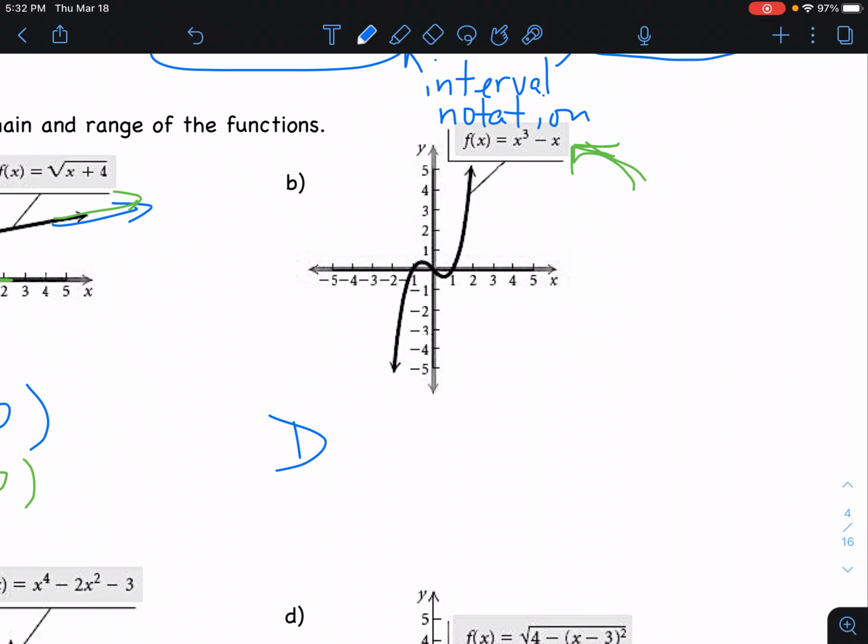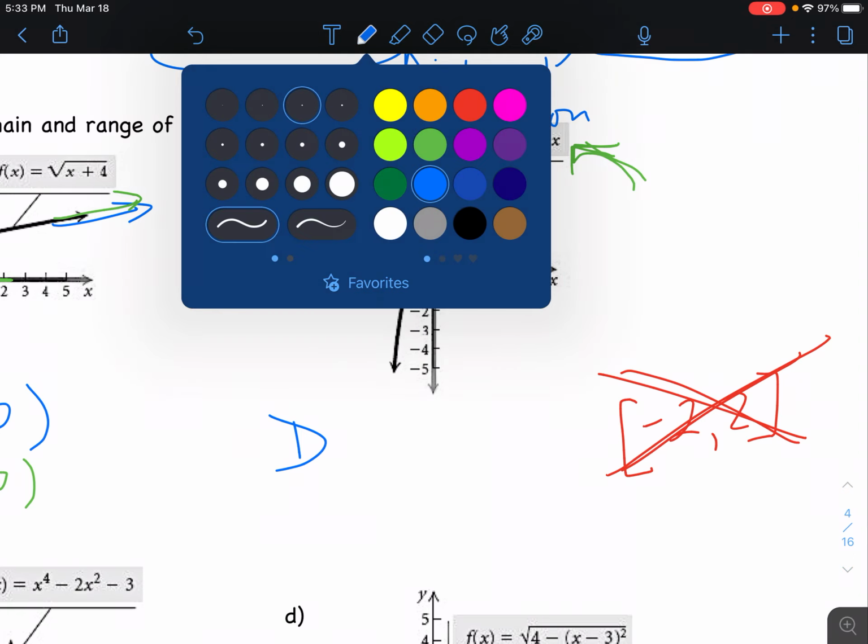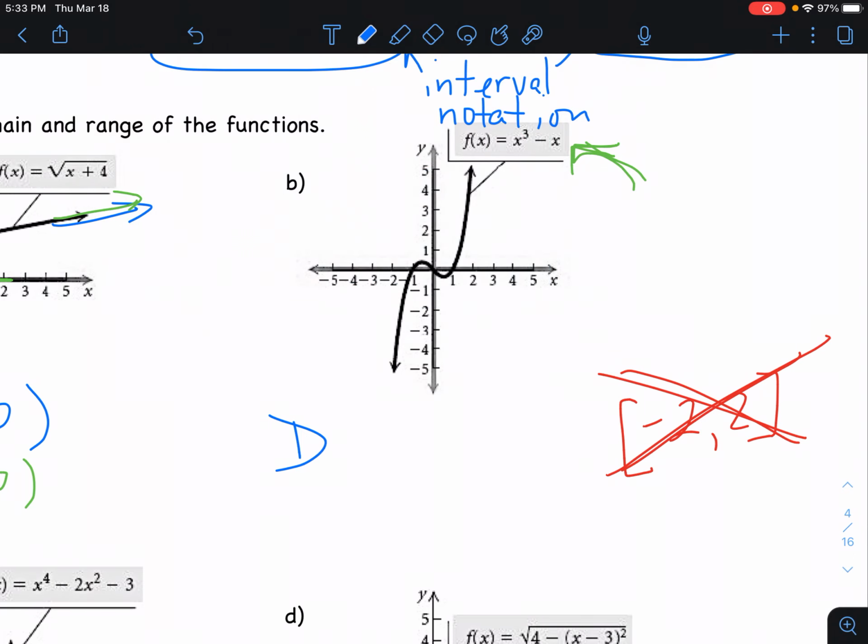So the domain, a lot of people want to put down this. I'll put a wrong answer on the side. They want to go, oh, it's going from -2 to 2. So they're going to put that there. No, we're not going to do that. The big rule of thumb is you're dealing with arrows here.